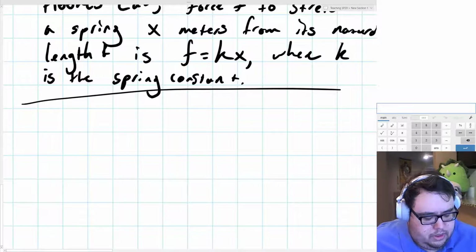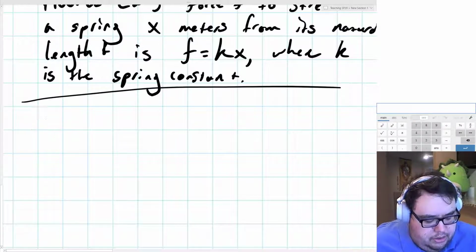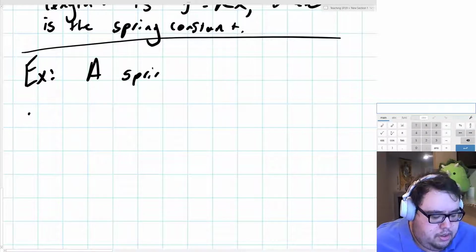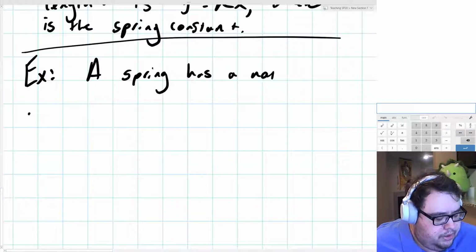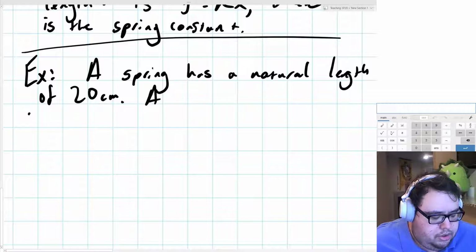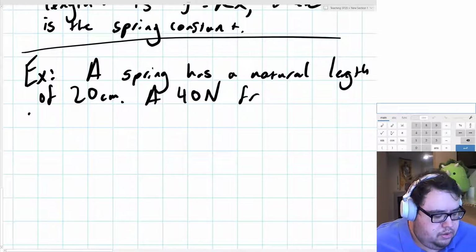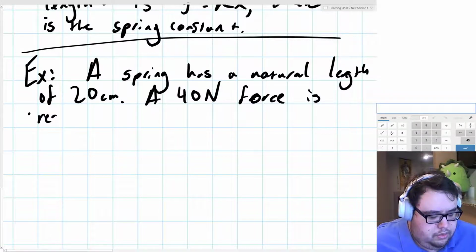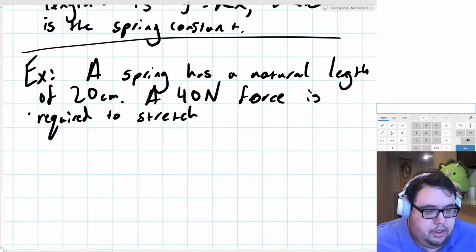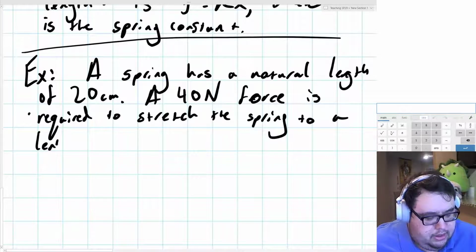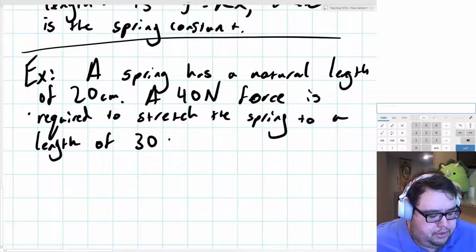So let's do an example here. A spring has a natural length of 20 centimeters and a 40 newton force is required to stretch the spring to a length of 30 centimeters.